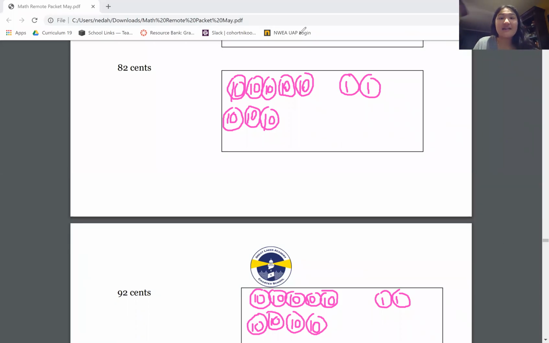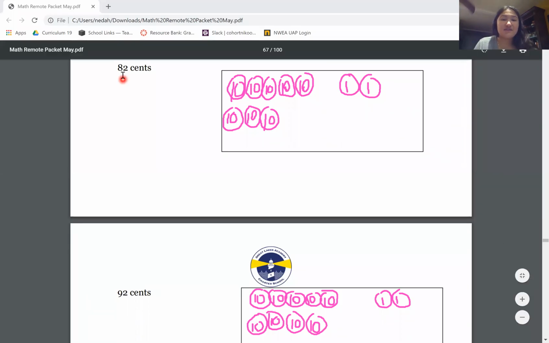Let's see what you got. For this first one, this one says 82 cents. How many dimes did you draw to show 82 cents? We drew 1, 2, 3, 4, 5, 6, 7, 8, and 1, 2 pennies.